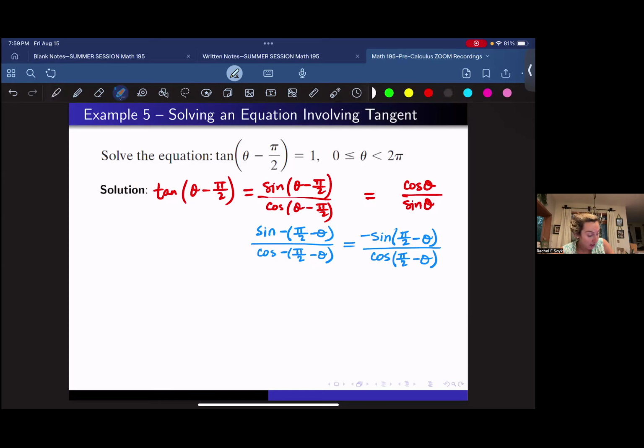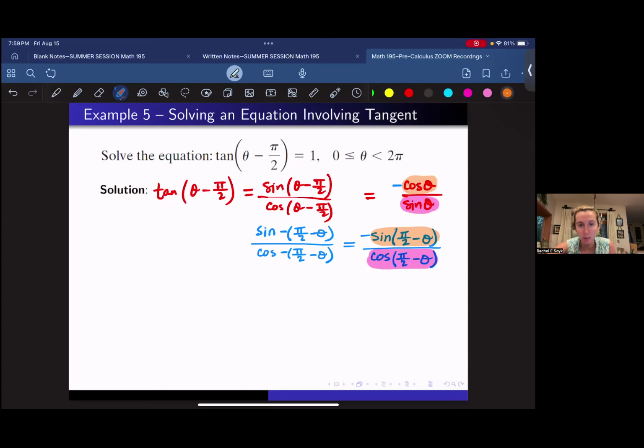And sine of pi over 2 minus theta is the same as cosine of theta, but we need to stick that negative in front. So we have negative cosine of theta. And then cosine of pi over 2 minus theta is the same as our sine theta. So we just were missing that negative. Let me clean this all up and just move everything onto one row. Okay, that was the hardest part.